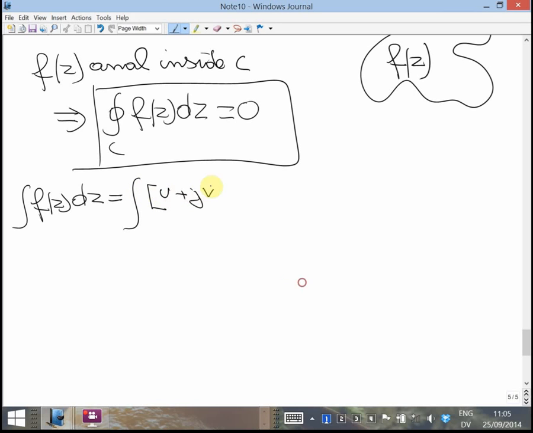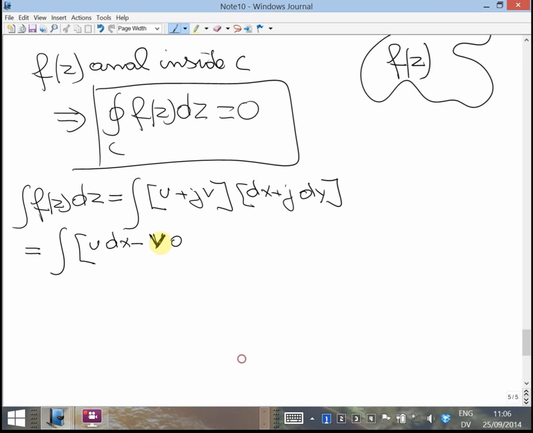So we have u plus jv times dx plus j dy. So this is what we did earlier. So it's the integral of u dx minus v dy. Let's make it a bit more distinct. That's the first part. And then we have a second part, which is the imaginary part, which is u dy plus v dx.